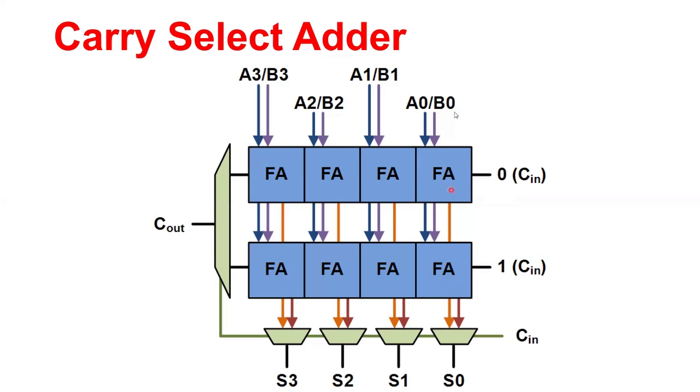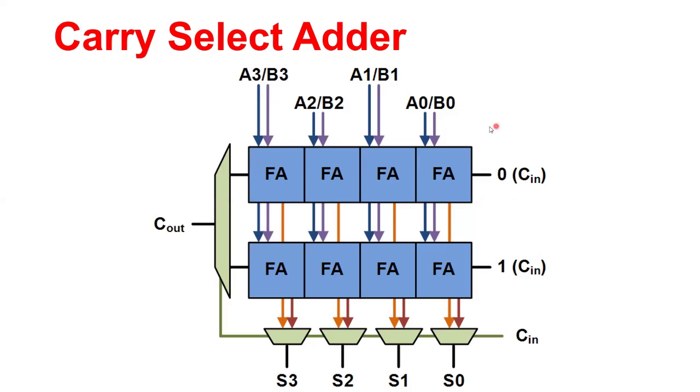A naught, B naught are the single bits of the two different words of 4-bit size each. So A naught to A3 are the 4 bits in one word of 4-bit size. B naught, B1, B2, and B3 is another data of 4-bit size.